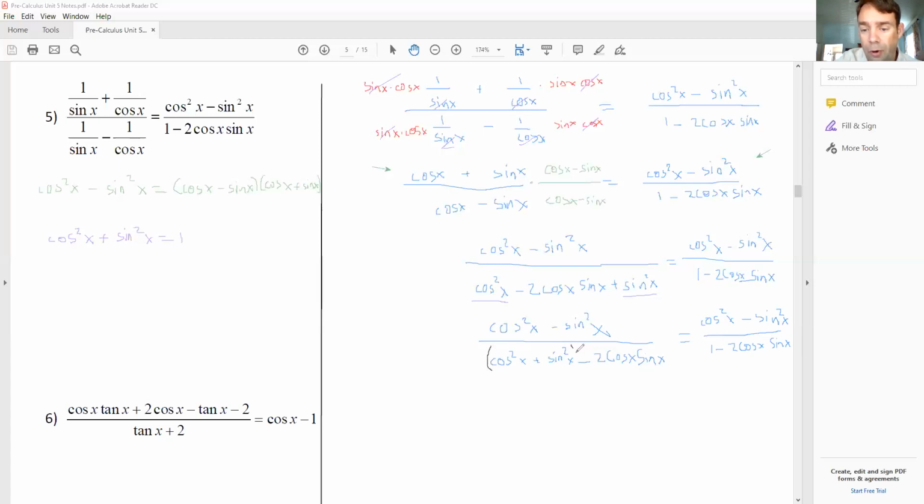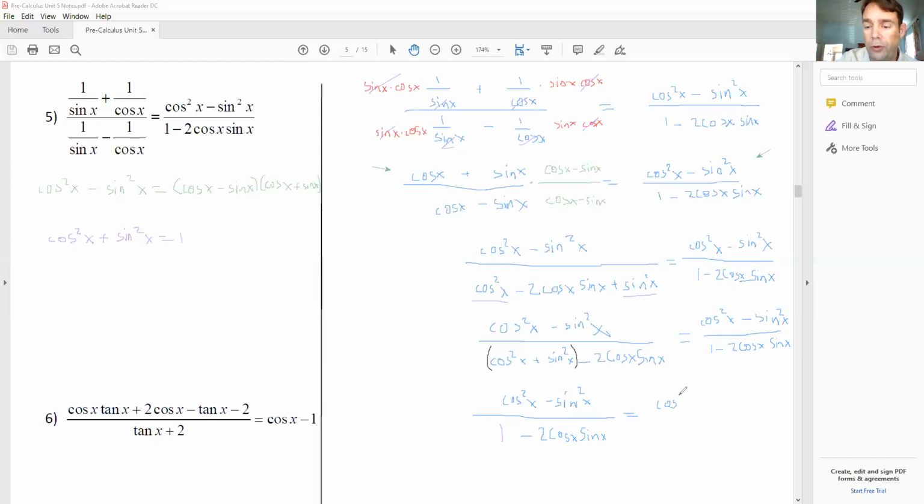So cosine squared x plus sine squared x, that whole thing is going to be equal to 1. So now I can make that final substitution, and we can call this thing a day. And friends, I believe we have this proof done.